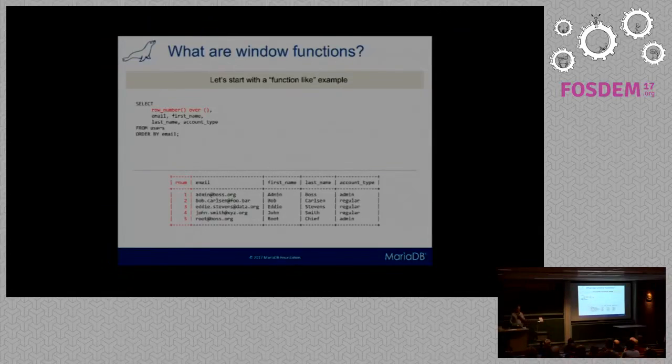Now, the problem here is that we have not defined an order for this window function. The order that you see, 1, 2, 3, 4, 5, is not deterministic. These rows can actually come up in a different order, like 2, 1, 3, 5, 4. At the same time, you could get a reverse result.